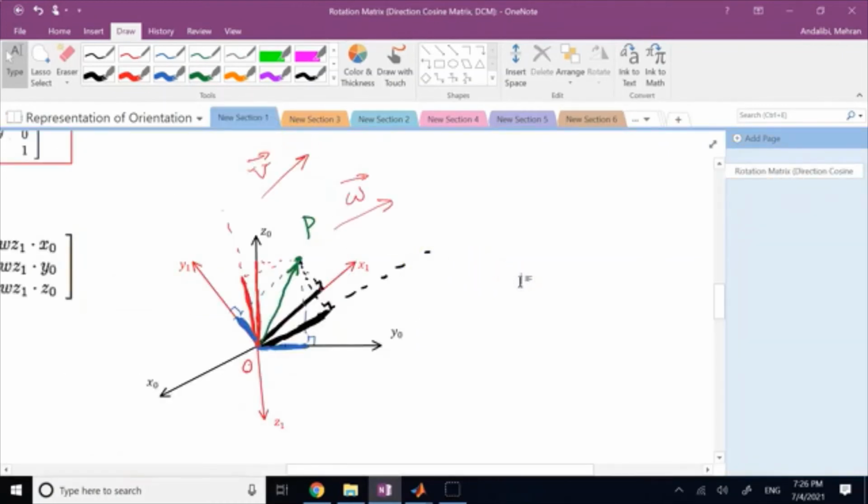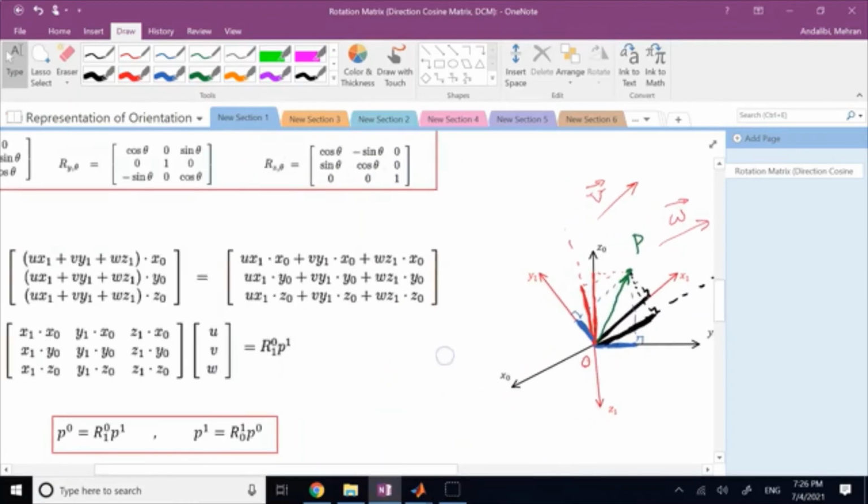So for the moment, we are assuming that the origins of the two frames are on top of each other. So the only thing involved here is a pure rotation. Later, we are going to involve translation as well.